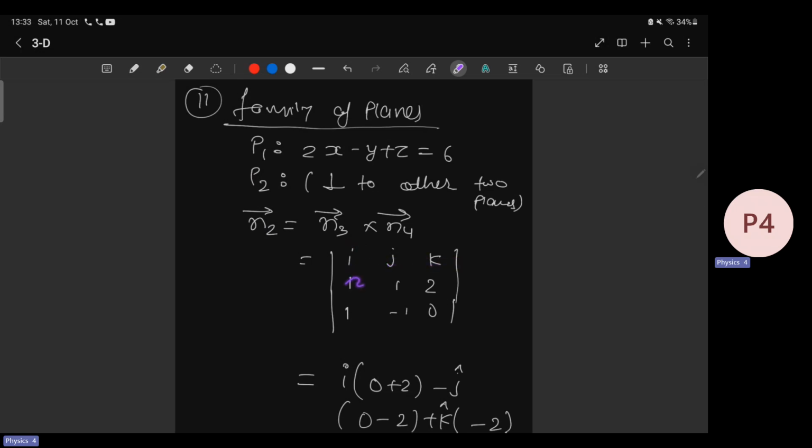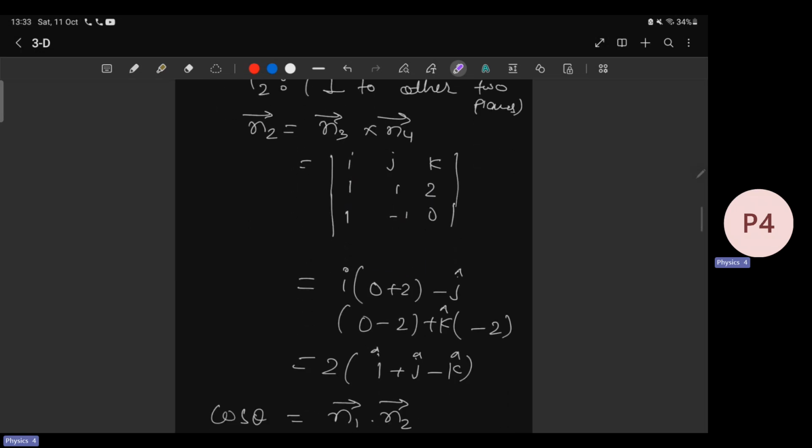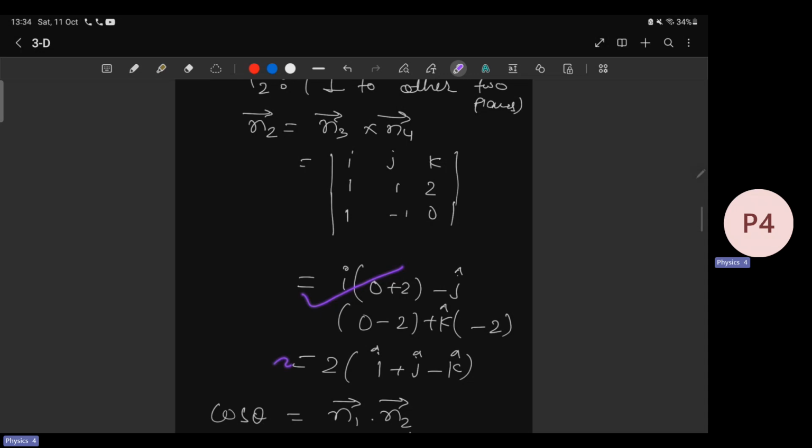N3 is the normal of plane P3, which is x plus y plus 2z equals to 7, so the normal vector is 1, 1, 2, and the plane P4 is x minus y equals to 3, so the normal vector is 1, minus 1 and 0. So from here we find that the normal vector N2 is equal to 2i plus j minus k.